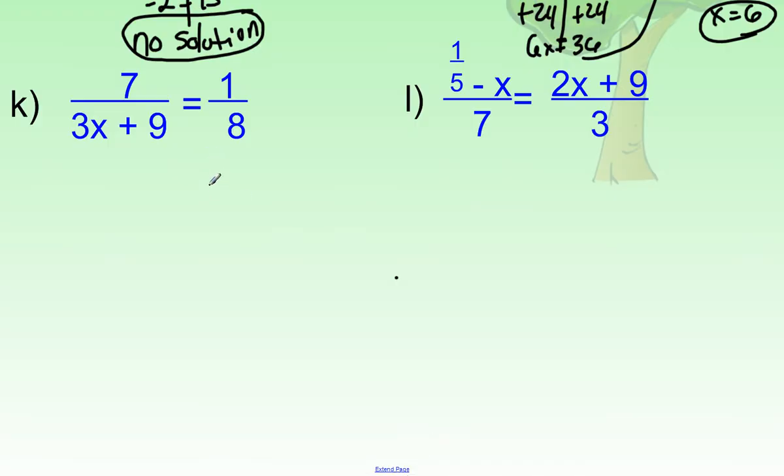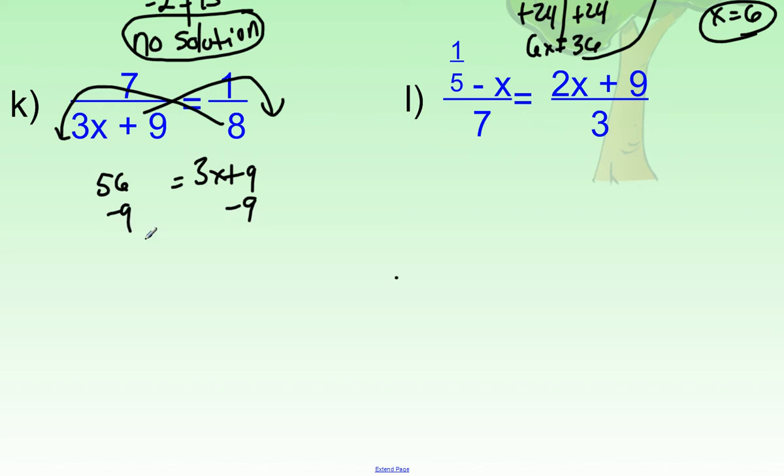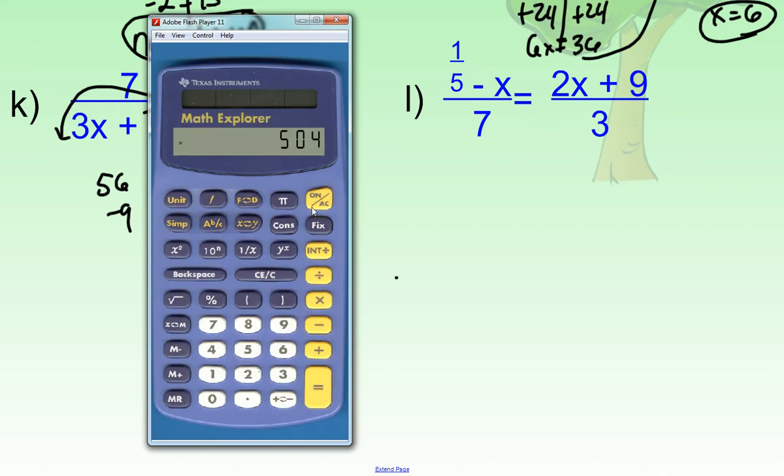Letter K. Cross multiply, as always. This side gives me a nice easy 56. This side gives me 3x plus 9. Minus 9, minus 9. I'm solving the equation. 3x equals 56 minus 9. 56 minus 9 gives me 47.